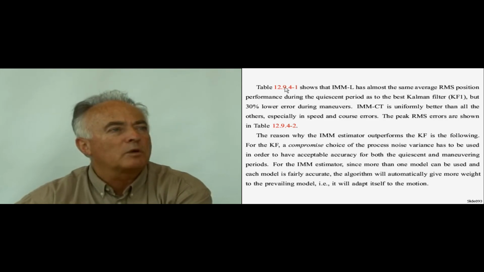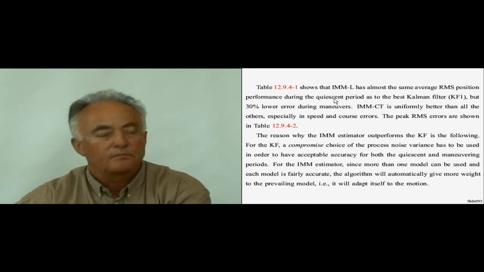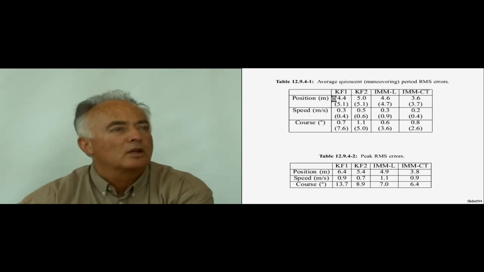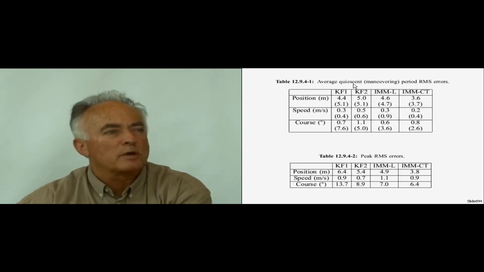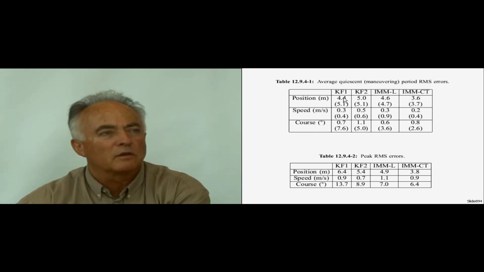Then we have a table comparing the RMS position errors. During the quiescent period, you can see that the IMMR is just a little bit better than the Kalman filters in position, and in speed and course it is actually quite a bit better.